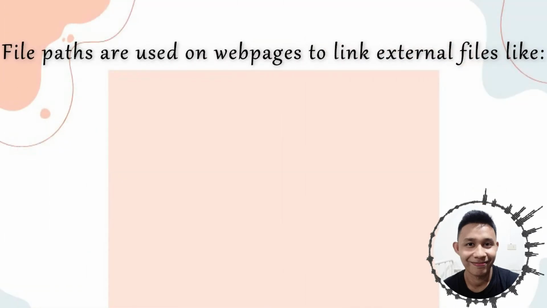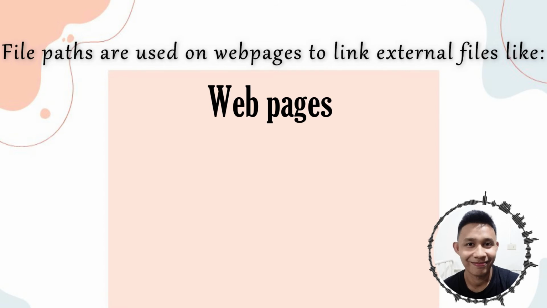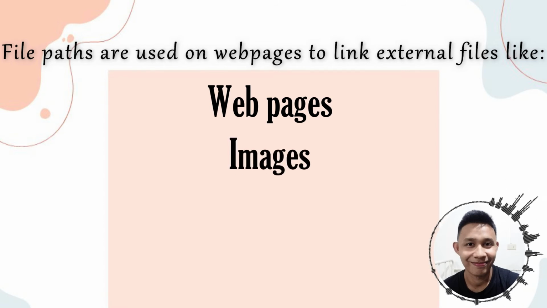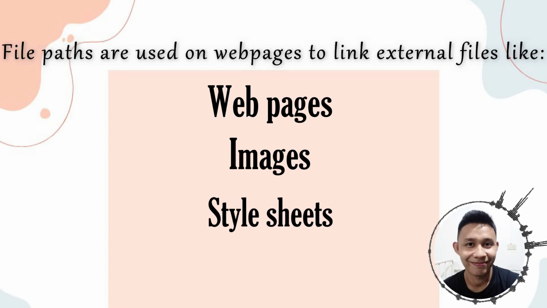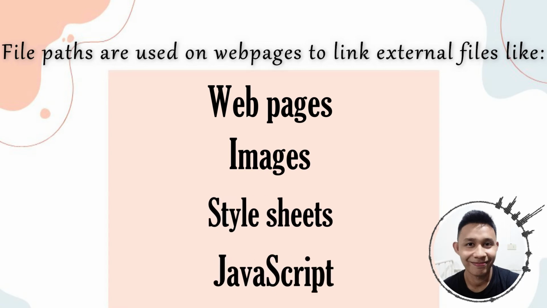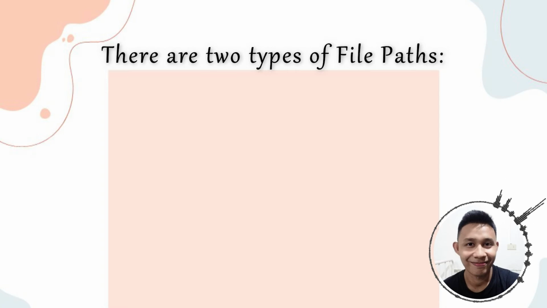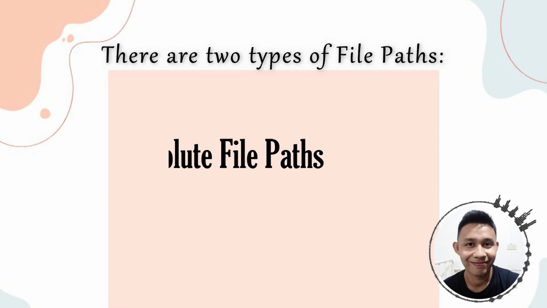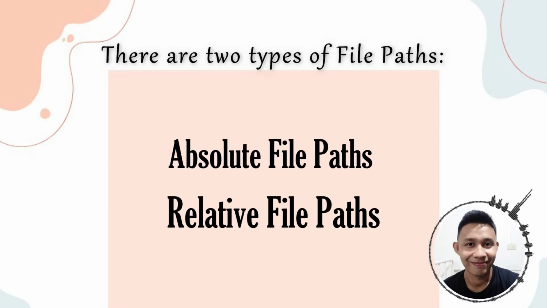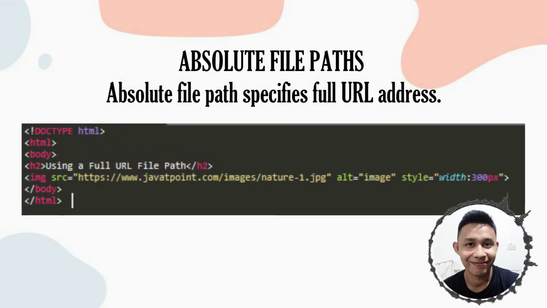File paths are used on web pages to link external files like first, web pages, second, images, third, style sheets, fourth, JavaScript. There are two types of file paths: absolute file paths and relative file paths. Absolute file paths specify full URL address.